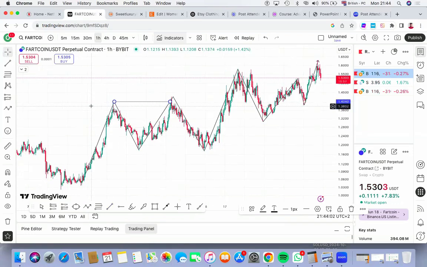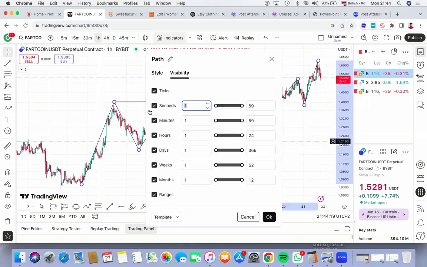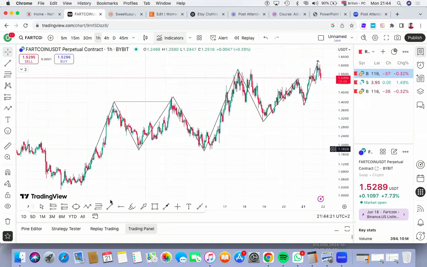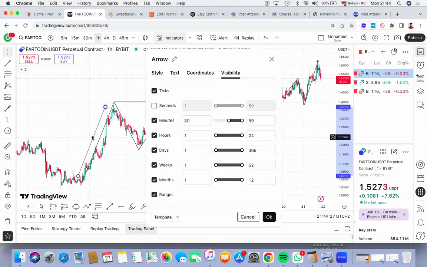So for us to have a break of structure, you want to have an impulsive move to the upside. So this will be our impulsive move to the upside.